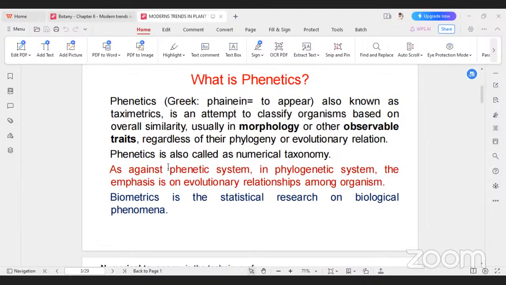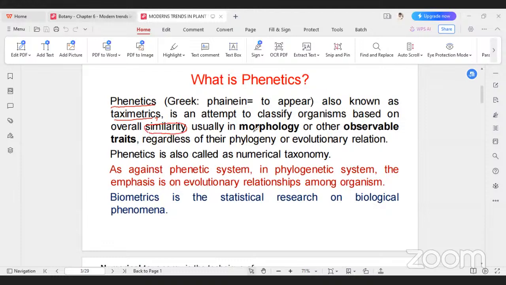Remember these names and don't get confused by these words. Phenetics or numerical taxonomy, both are the same, and it is also called taximetrics. It is an attempt to classify organisms based on overall similarity.